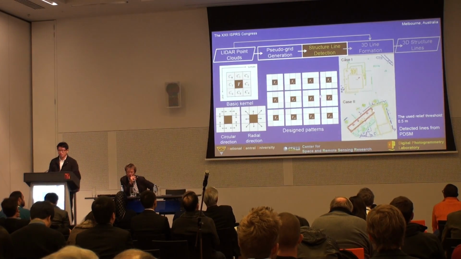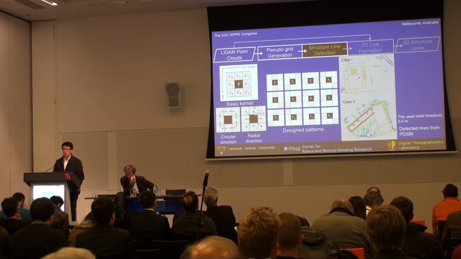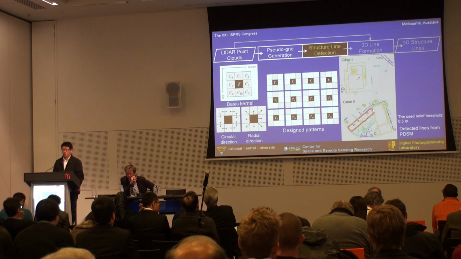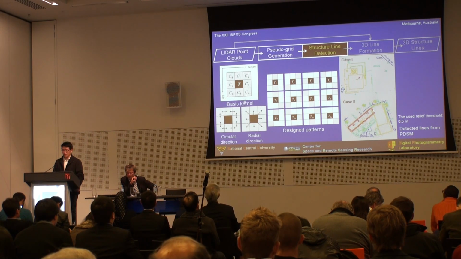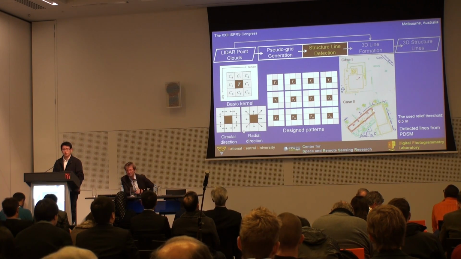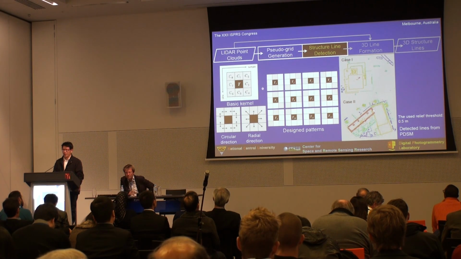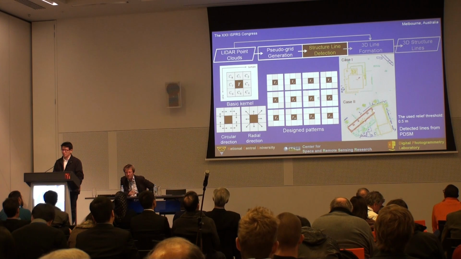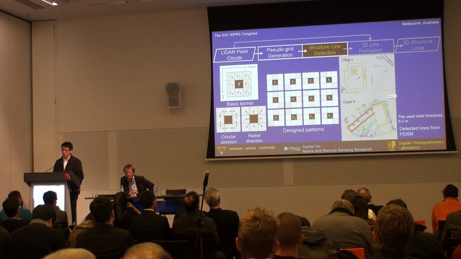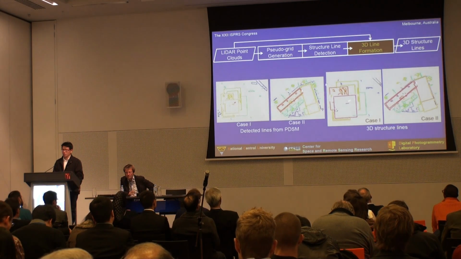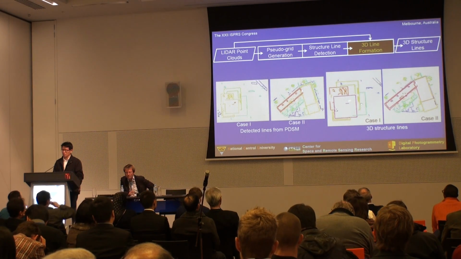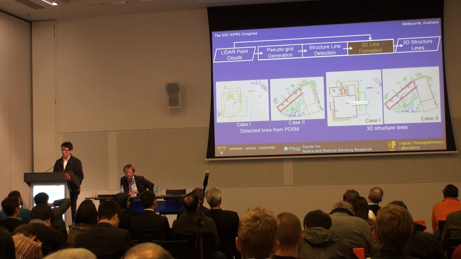In the second part, the detection, we use a 3x3 grid to estimate two different directions, to estimate the candidate edge grids and compare with our design patterns to derive the approximate structure lines in grid data. Then we input the original point clouds to derive the 3D structure lines.